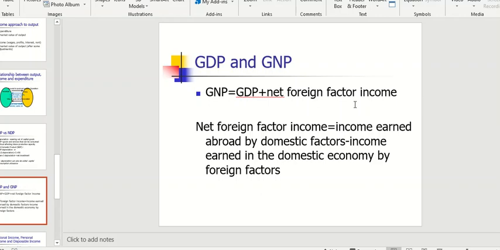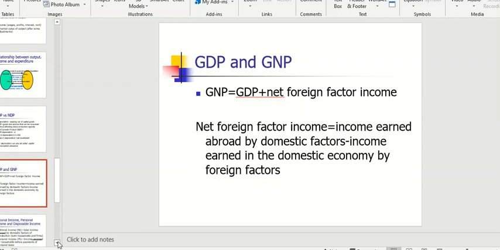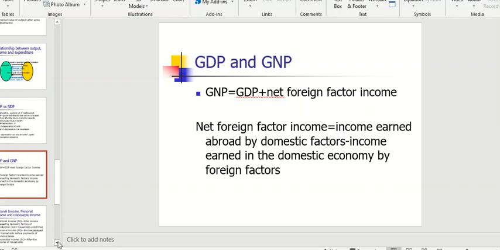So one thing that we notice, which is not what we are focused on, but it is good to know, is that once the GDP is adjusted for net foreign factor income, then we will get GNP, gross national product, which is the goods and services produced by Americans.